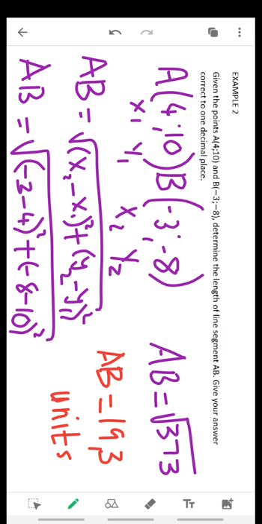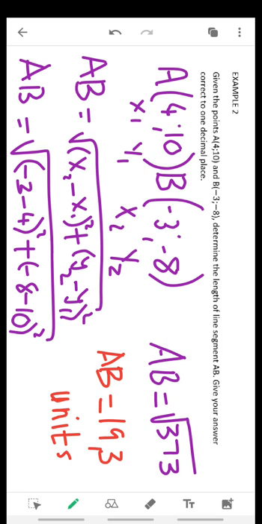So it will depend, but in this case we are rounding off to 1 decimal place. So I write down first my A, my B, then I allocate x1, y1 to A, x2, y2 to B. Then I use my distance formula. Remember, I'm finding the length of line segment AB, so that is the distance formula problem. What did I say? We start by writing the original equation or formula.